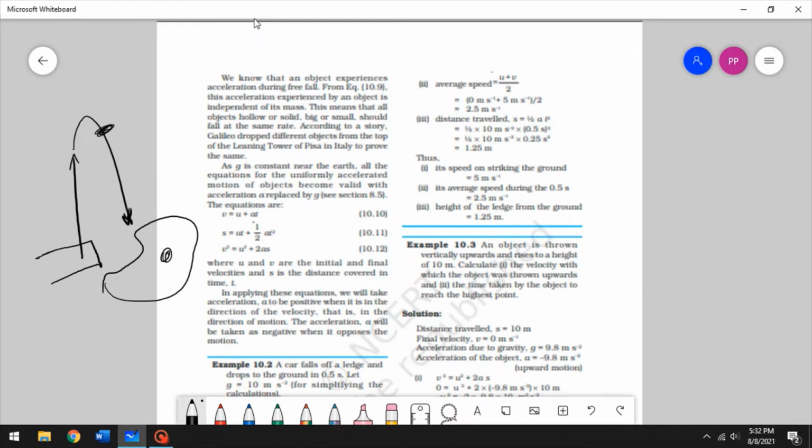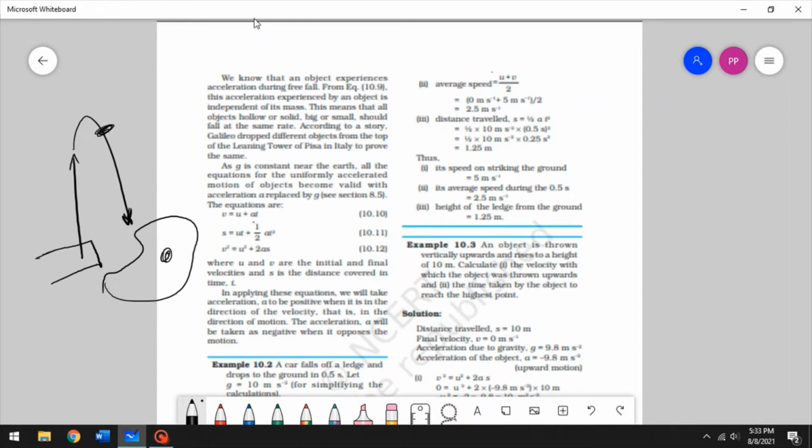So apparently he dropped a metal ball and a feather, and he showed that both of them fell to the ground at the same time, right? So why is that? Because freely falling bodies accumulate the same acceleration as they fall, right? Now it would have been controversial if you had the effect of wind, right?